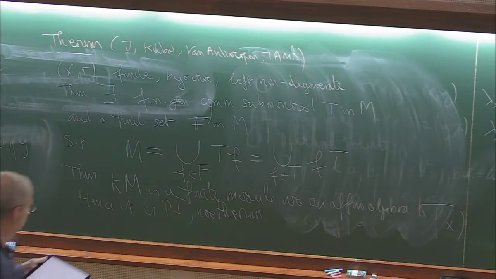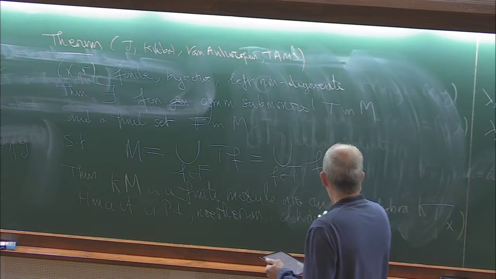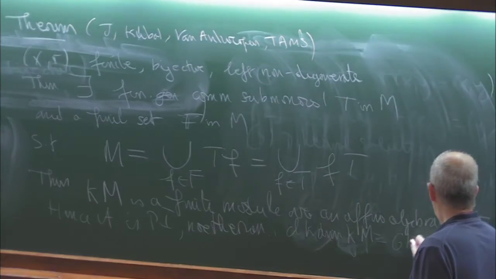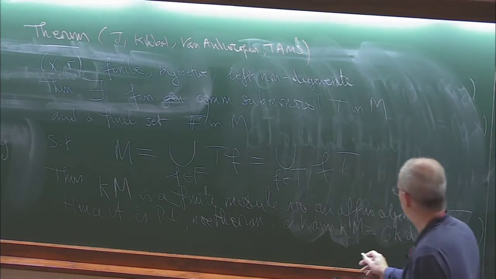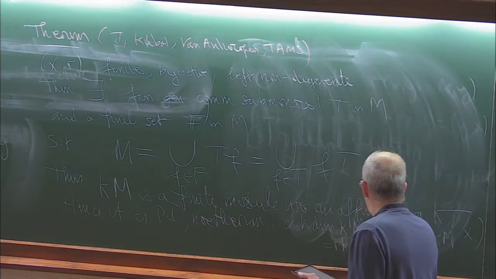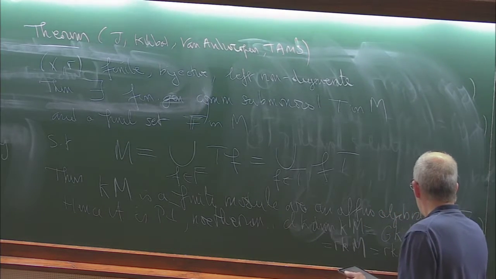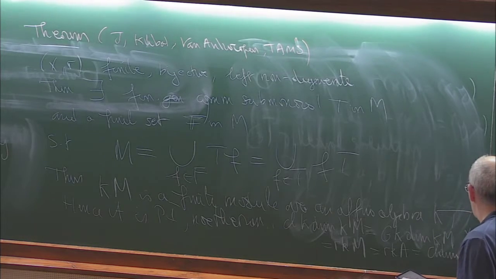Furthermore, you can prove that the classical Krull dimension is equal, it follows automatically, to the Gelfand-Kirillov dimension of the algebra. And you can prove this is equal to the rank of M, is equal to the rank of A, is equal to the classical Krull dimension and the Gelfand-Kirillov dimension of the algebra over A.